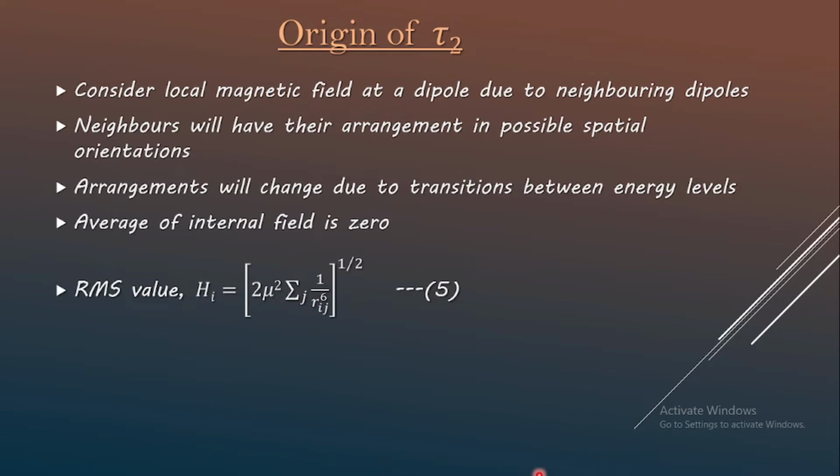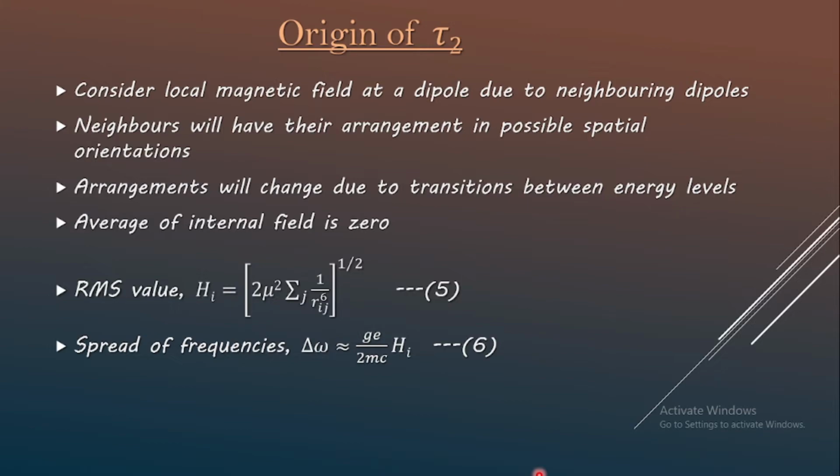Whether or not a static field is applied, the dipole is going to precess with a range of frequencies. It is not going to be 100% at rest, because other factors also act on the system, and this spread of frequencies is given approximately as delta omega approximately equal to ge by 2mc into HI, where g is the splitting factor, e is the charge of the electron, m is the mass, and c is the velocity of light.